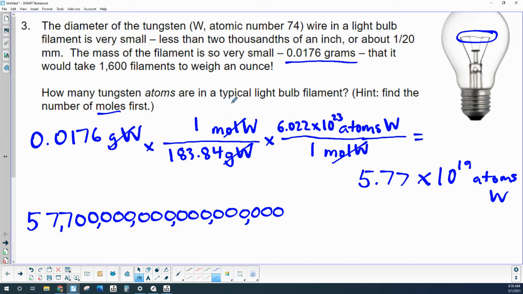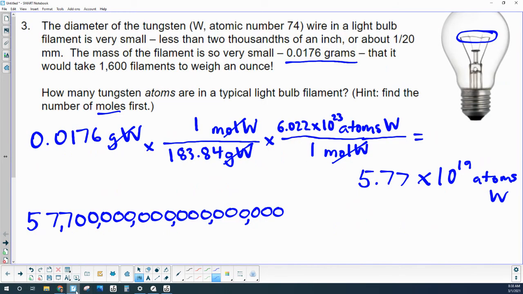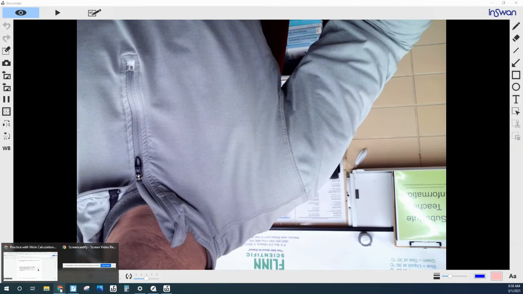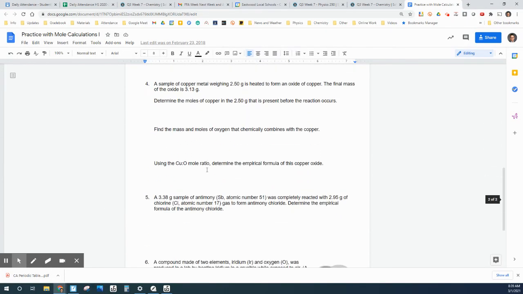On the next page of the problems, these are empirical formula problems. So all we need to do on this page is go from grams to moles for each of the elements involved in the compound. And then once you have those mole values, you want to compare them.